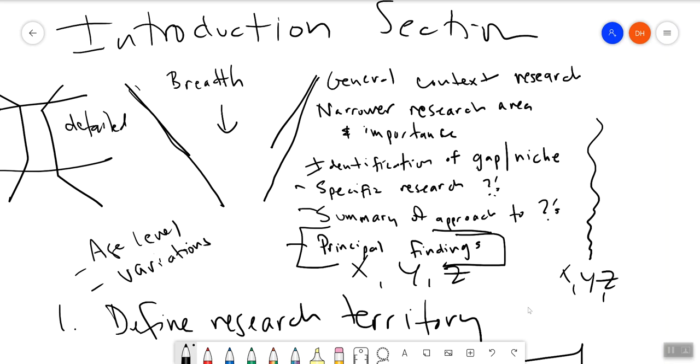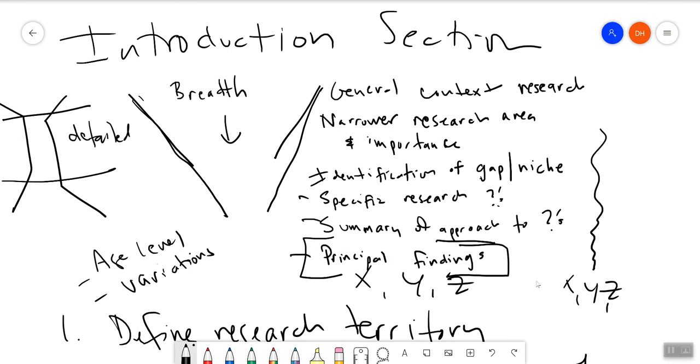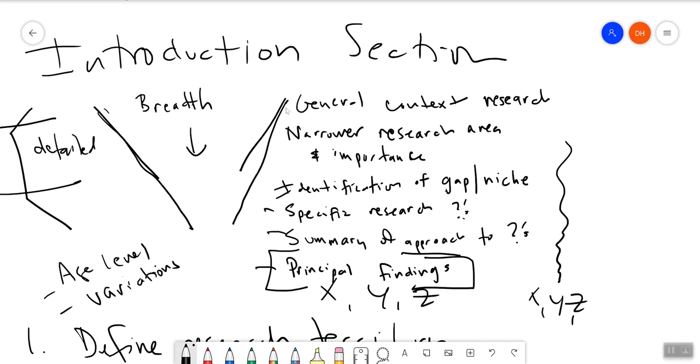So that's basically the model for the introduction section of a scientific paper. And like I said, this is going to be standard for the natural sciences and the social sciences as well. They do handle these a little bit differently based on the discipline. But for the most part, this is industry standard, and it allows you to break down into categories what the introduction section of a paper wants to do.